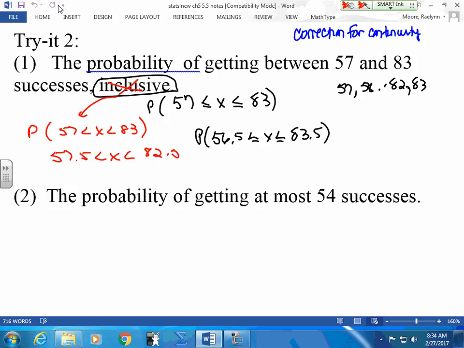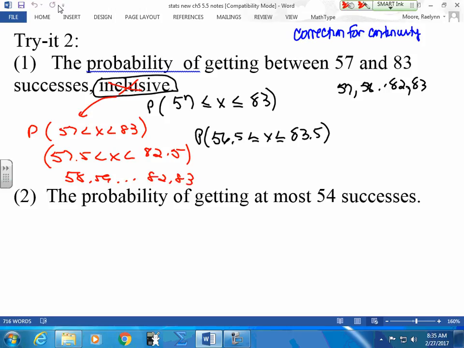Good. So what Sarah did, she put this statement in, shouldn't have an equal sign in here, not including this. So do I start at 57? No, I have to start at 58, 59, go all the way up, 82, 83.